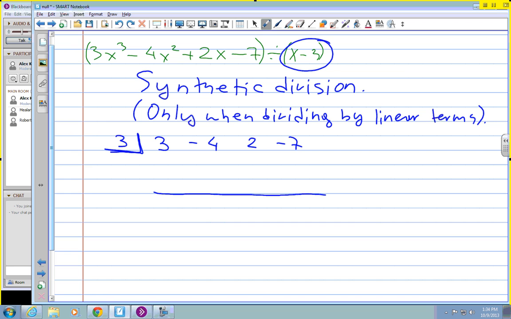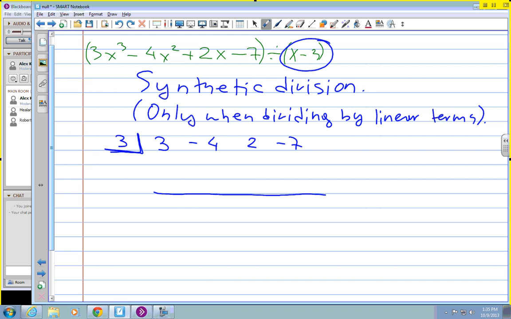You might have seen it differently. I've done it differently before, but the idea stays the same. So see what I did? I just listed the coefficients, and then I put whatever was subtracted from x, so the opposite sign. For x minus 3, put a 3; for x plus 2, you put -2. The rest is actually pretty straightforward.